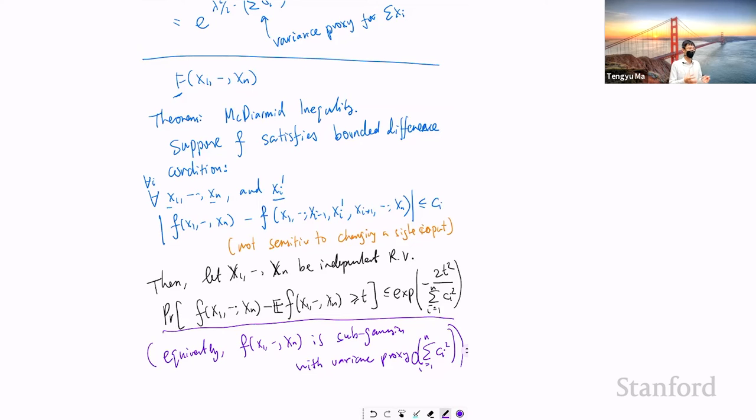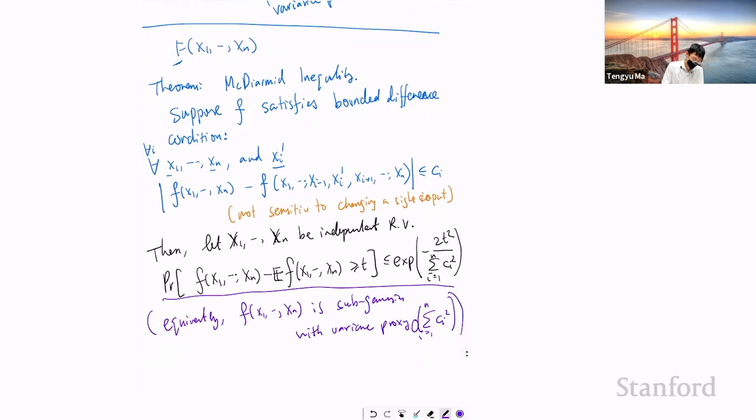When you have a sum, if you change one coordinate, you wouldn't influence your final outcome much. Here it is the same thing. So whether it's a sum or not doesn't matter. It's really about whether you have a certain kind of Lipschitzness property. Maybe just briefly, we can also verify that this condition contains the sum, at least.